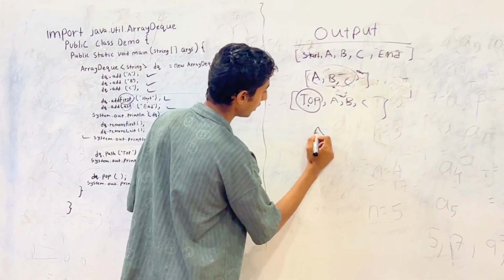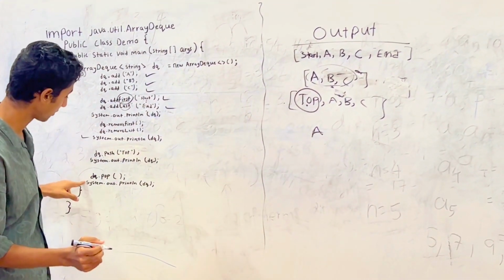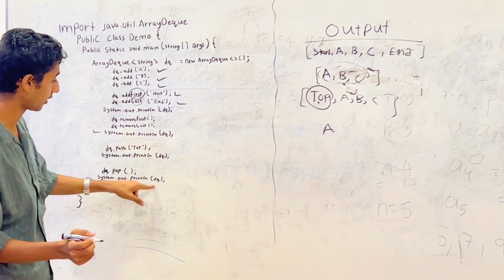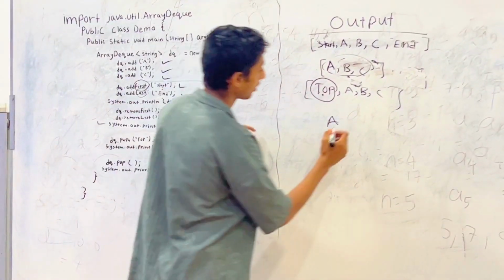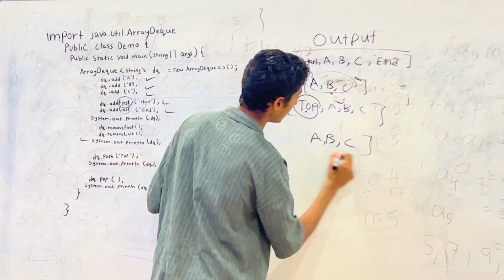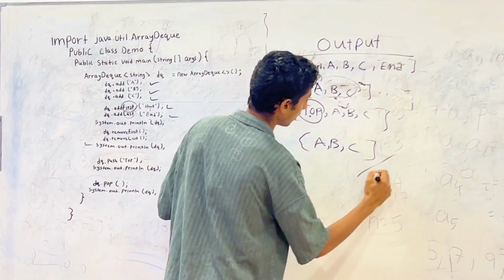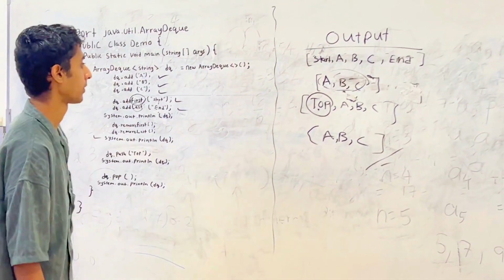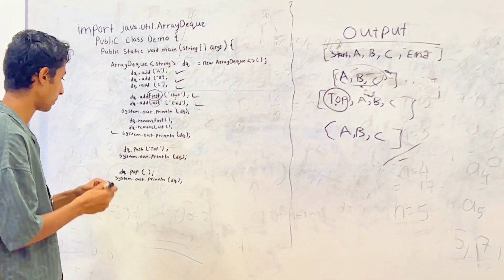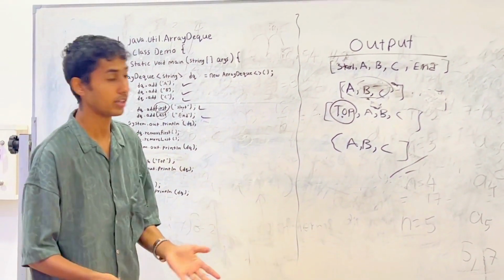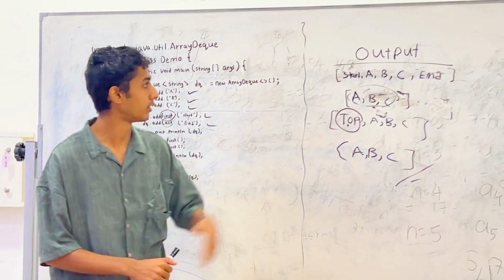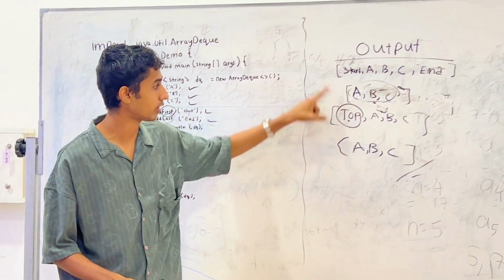Finally, when this print statement System.out.println of this ArrayDeque dq comes, we will be remaining with this as the final output. So we will no more have top here. So this is all about the coding implementation of the ArrayDeque, and these are the 1, 2, 3, 4 outputs.